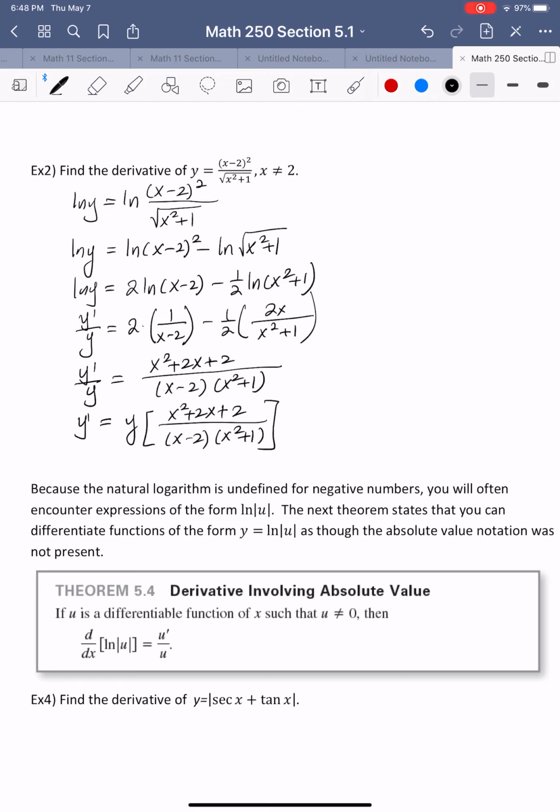And then the y is originally (x minus 2) square over the square root of x squared plus 1, so I plug it in, times x squared plus 2x plus 2 over x minus 2 times x squared plus 1.